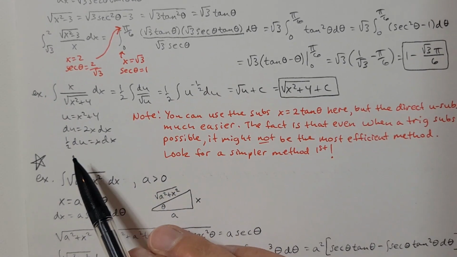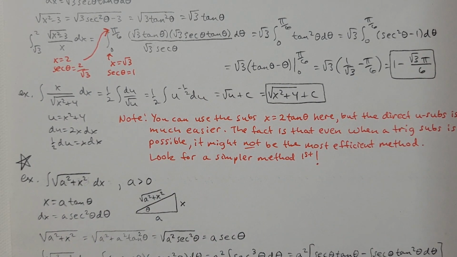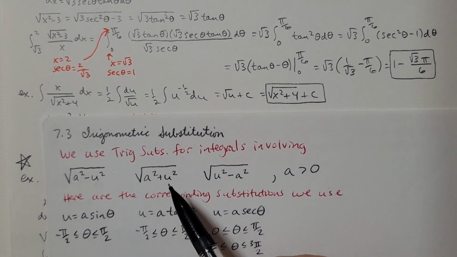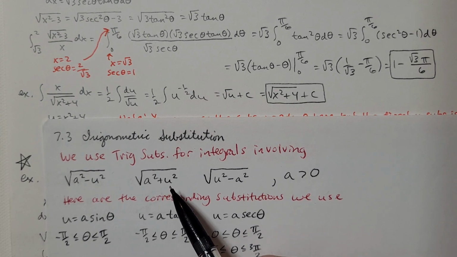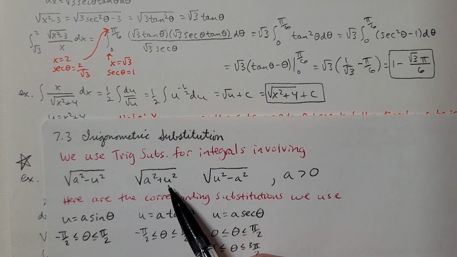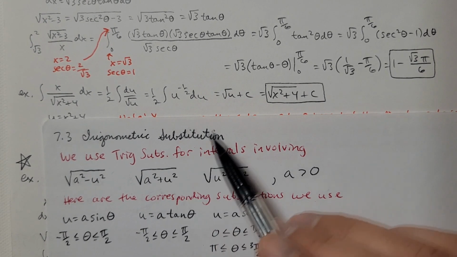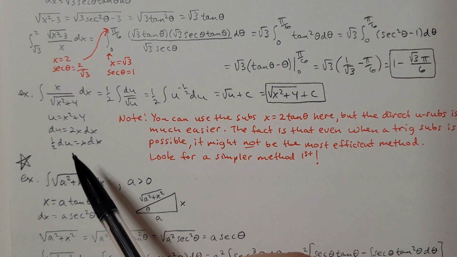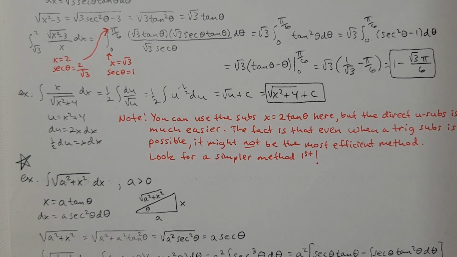Now here's another example. I got the integral of x divided by the square root of x squared plus 4. So I see, if I wanted to, I could use a trig substitution. But I don't want to do that though, because I can use just a simple u substitution here.